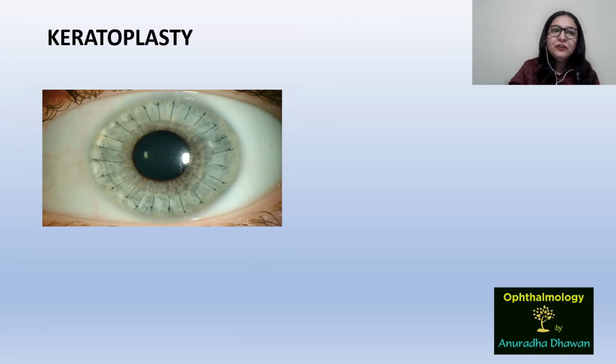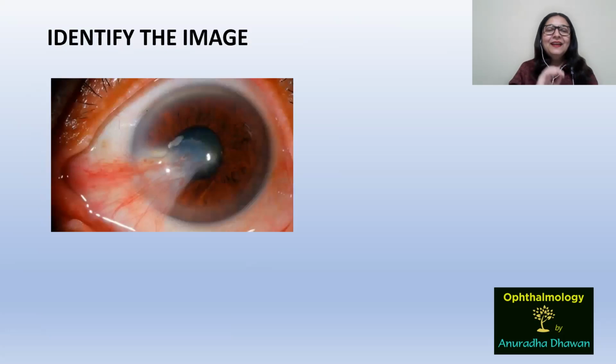So this is an image representing a case of keratoplasty in which corneal transplantation has been done. By noticing these multiple sutures all over, we can identify this image as a keratoplasty image.